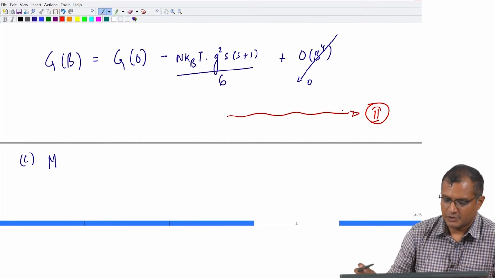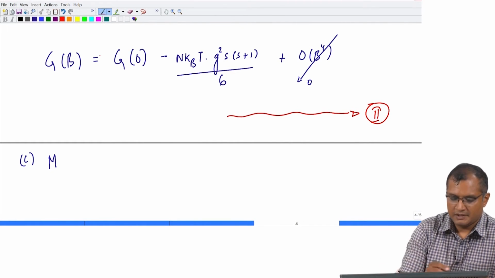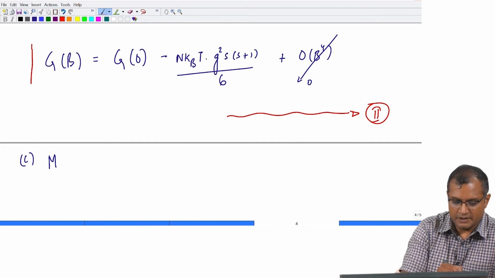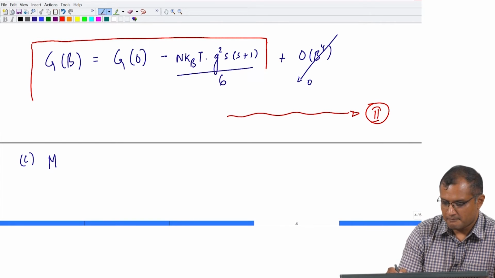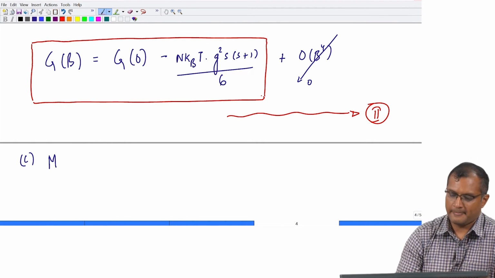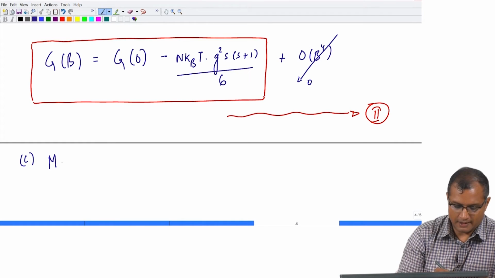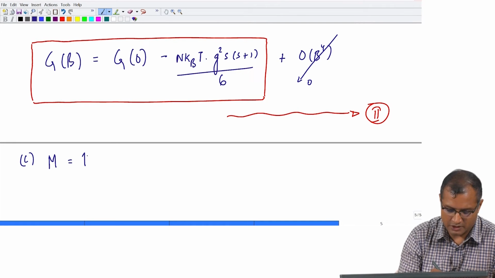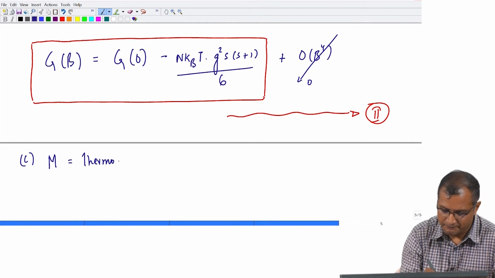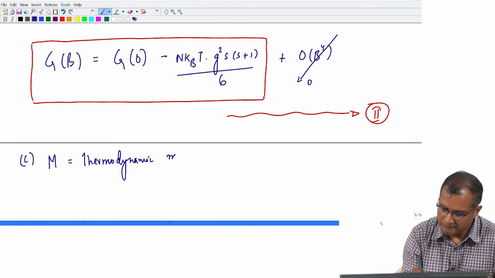Okay. So, this is the value of the Gibbs free energy and the magnetization, the thermodynamic magnetization. This is thermodynamic in nature. This is not the instantaneous magnetization. Okay.